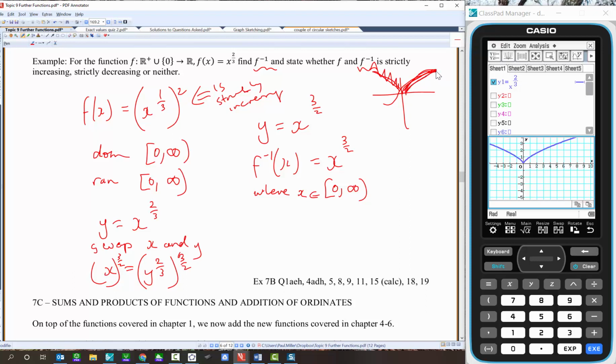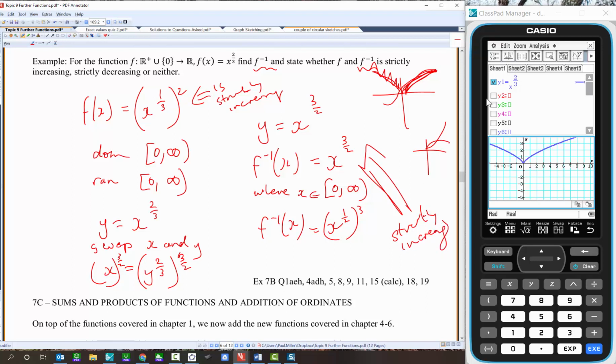Okay, so it is strictly increasing. This one here, now what does that function look like? F negative 1 of x equals x to the 3 on 2. Okay, so that's the root function to the power of 3. Okay, so what it does is it creates like the right-hand side of a parabola. Okay, and again, you'll note that function there is strictly increasing as well.